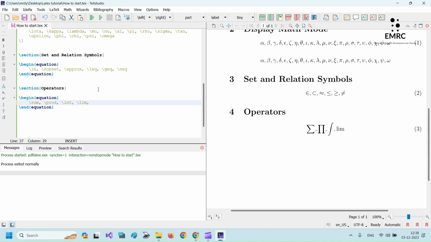You can write sum, minimum is from where you want to start. Suppose I write i equals 1 to maximum. Maximum is suppose n. Then a underscore i. See the result. You will better understand this one. For clarity I remove these things.